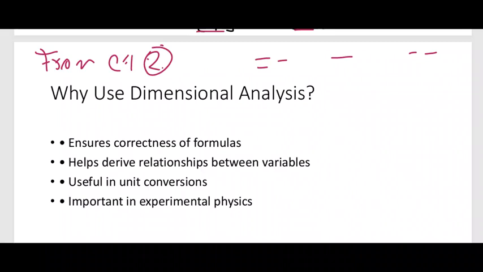These are some of the uses of dimensional analysis, especially if you intend to be a physicist or a scientist. Under experimental physics, you're experimenting, then you come up with a theory. For that theory you need some equation, because physics without equations, I don't think it's physics, because physics is mostly based on formulas.